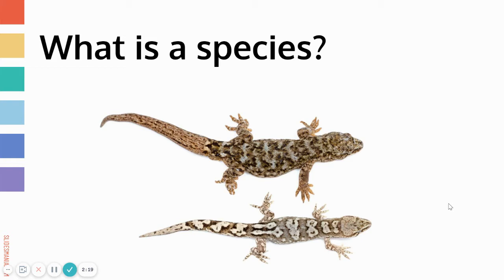There are some situations where it's just really obvious that they're completely different species. But it's not always so clear cut. If you look at these two lizards, it might not be clear whether they're different species, or maybe they're the same species and one is just a male and the other is a female, right? So how do we define what counts as being two different species?